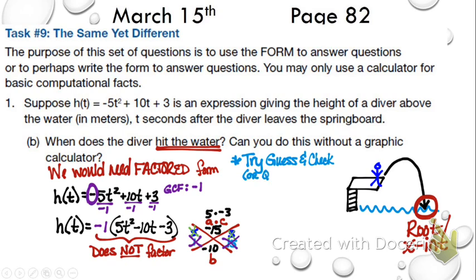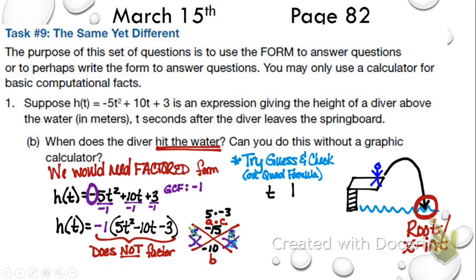So I'm going to write that down here. I want to do a little bit of guess and check and see if we can ballpark about when he's going to hit the water. So I'm going to have a table with x's and y's. Oh, wait, no, it shouldn't be x and y. It should be what? H and t. Does h go over here and t over here? Other way around.